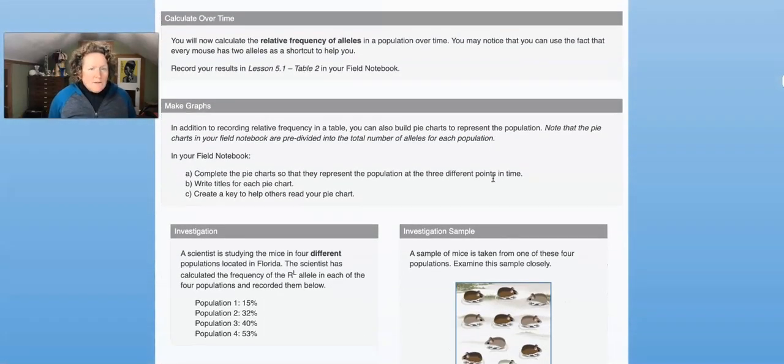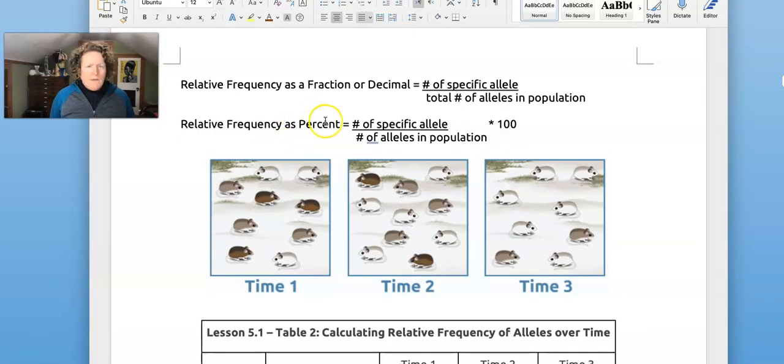You will now calculate the relative frequency of alleles in a population over time. You may notice that you can use the fact that every mouse has 2 alleles as a shortcut to help you. We're going to record our results in lesson 5.1, table 2 in our field notebook. So let's go back to our field notebook and do some calculations. So this time our formula is a little bit different.